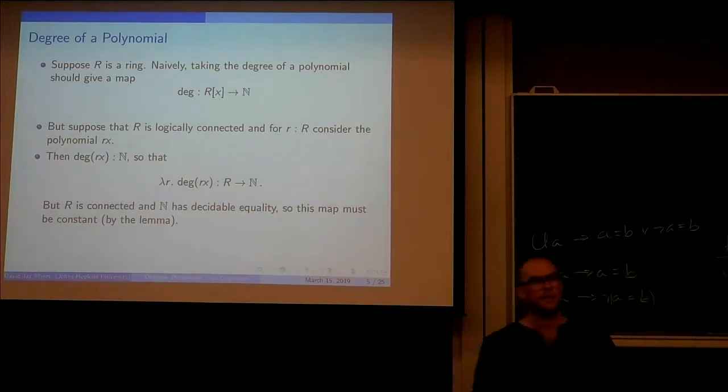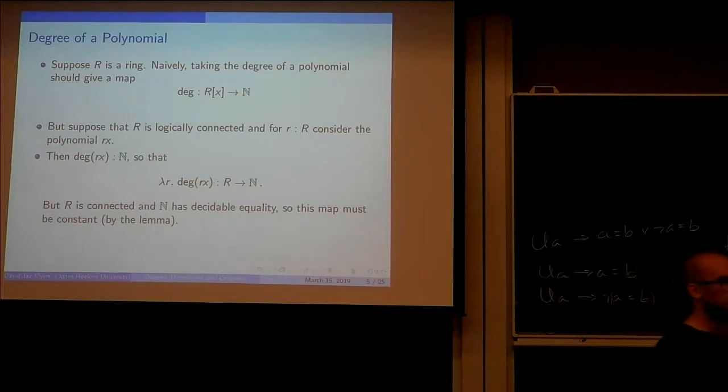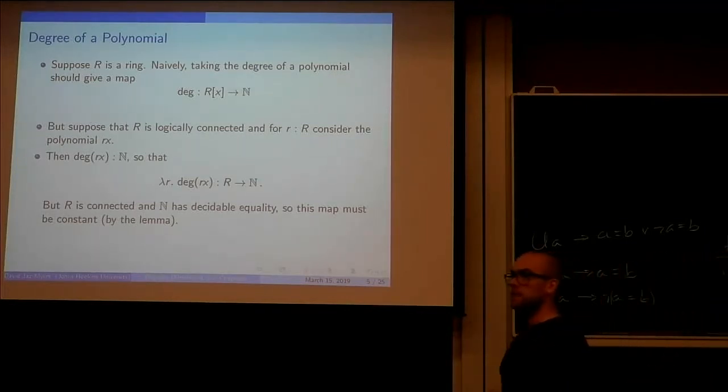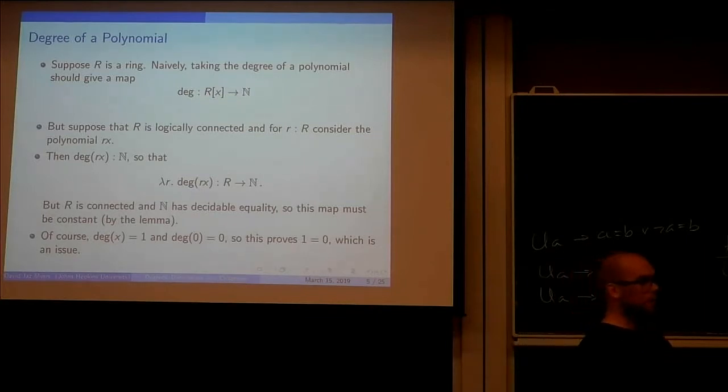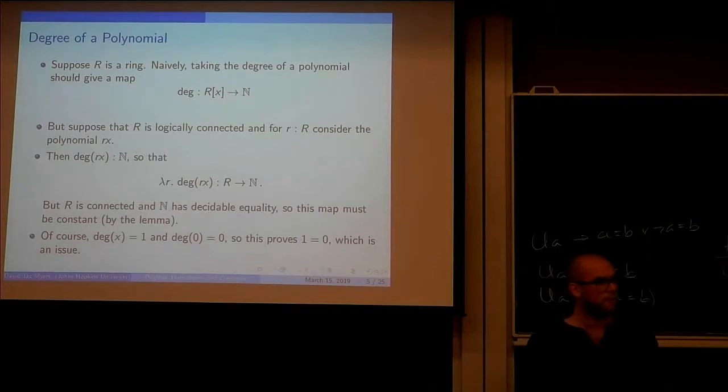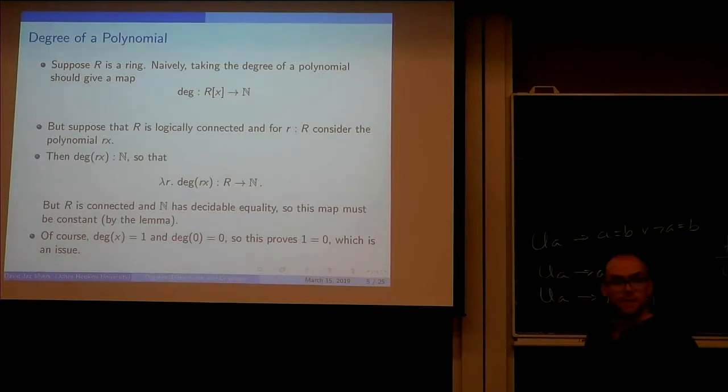But R is connected. So the image of this function is also connected. But the natural numbers have decidable equality. So this function is constant. And therefore, the degree of x, which is 1, must equal the degree of 0, which is 0, which is a minor issue. So we might want to fix this. Now, before we go and fix it, I want to tell you that this actually happens.